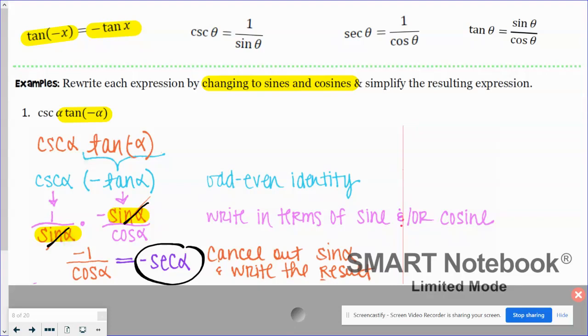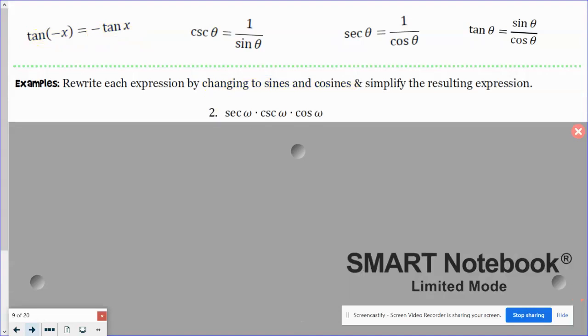Let's take a look at another example. We have secant omega times cosecant omega times cosine omega. Omega is our angle. It's a Greek letter. It looks cute. We're going to do the same thing. We are going to change to sines and cosines because that is such a useful strategy.